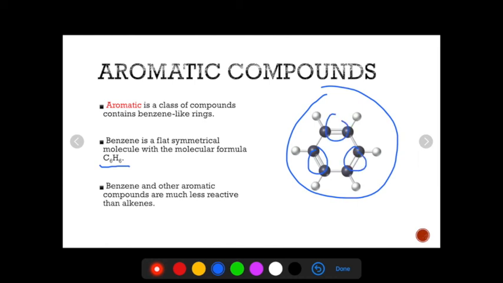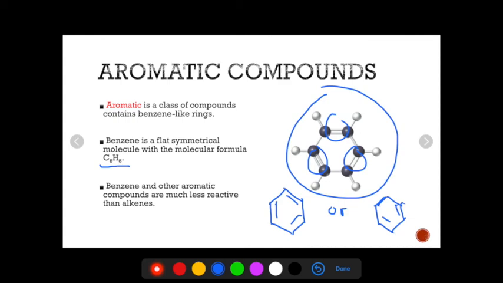Usually when you draw this, it doesn't matter where the double bonds go. I can put them here like this, or I can put them like this. It doesn't really matter where the double bonds go, and I'll explain that right now.